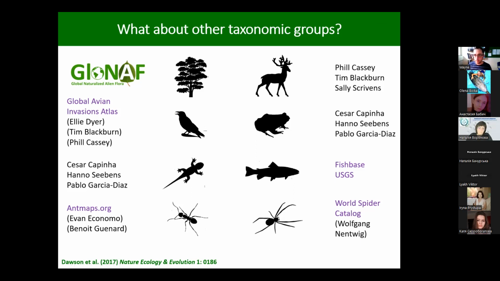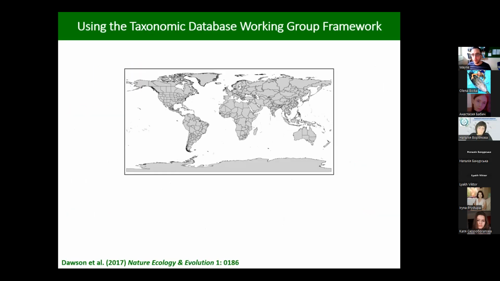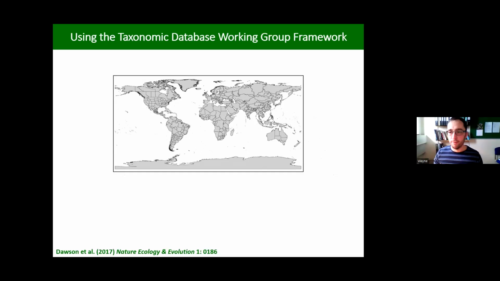So do we see the same patterns for plants as we do for these other taxonomic groups? Well, in order to integrate these databases together, we had to think about the kind of spatial framework that we use for the whole globe, because they all have different spatial systems that they've used to catalogue where species are introduced and established for those different taxonomic groups.